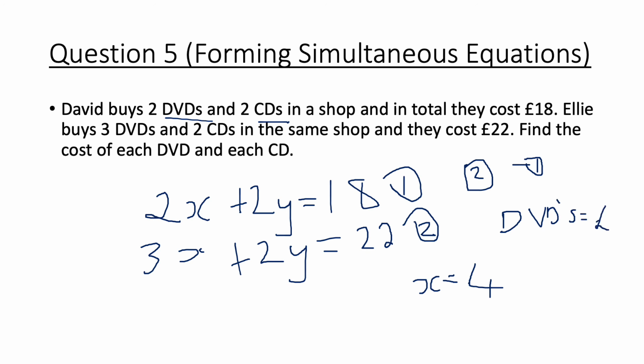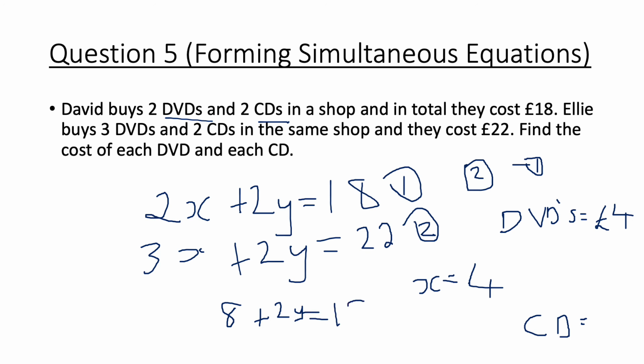each. And the price for the CDs, guys, well, I've got to sub in x equals 4 for the DVDs back into one of these equations. I'm going to sub it back into equation 1 because it's a bit easier. So 2 times 4 is 8. 8 plus 2y is 18.